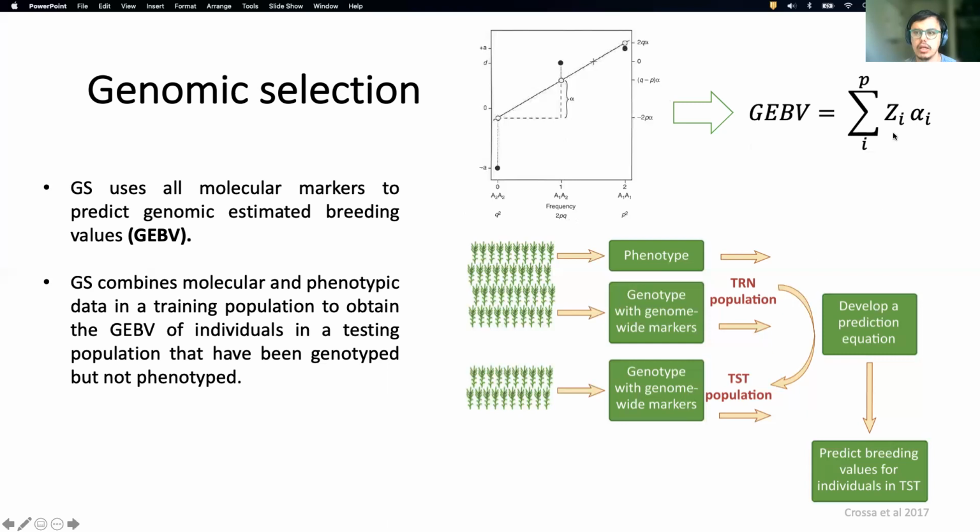So here in this formula, we have the allele substitution effects, which are the alpha, and the Z here is just the incidence matrix that connects the phenotype and the genotype. So basically with that formula, we can predict the genomic value of the lines where we only have the genotype.